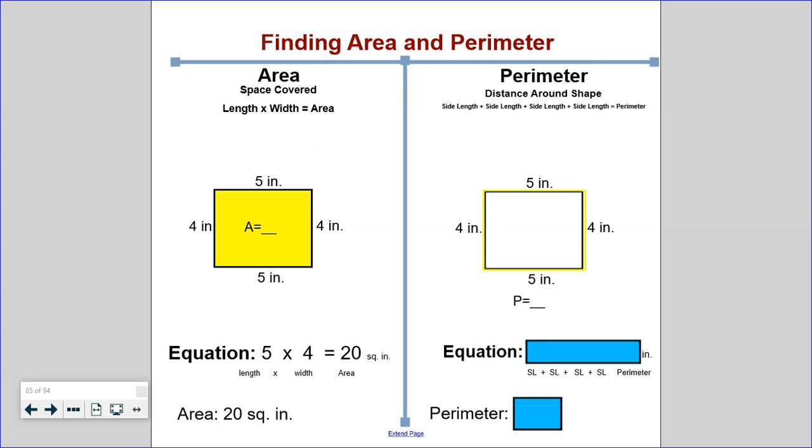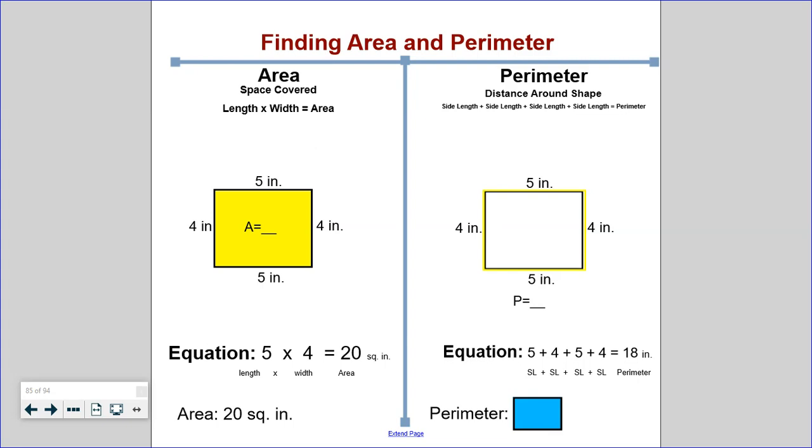Now on this one, over here on the perimeter side, we're going to add the side lengths because perimeter is when you add all the side lengths together and get the total distance. So for this equation, you would do 5 plus 4 plus 5 plus 4.